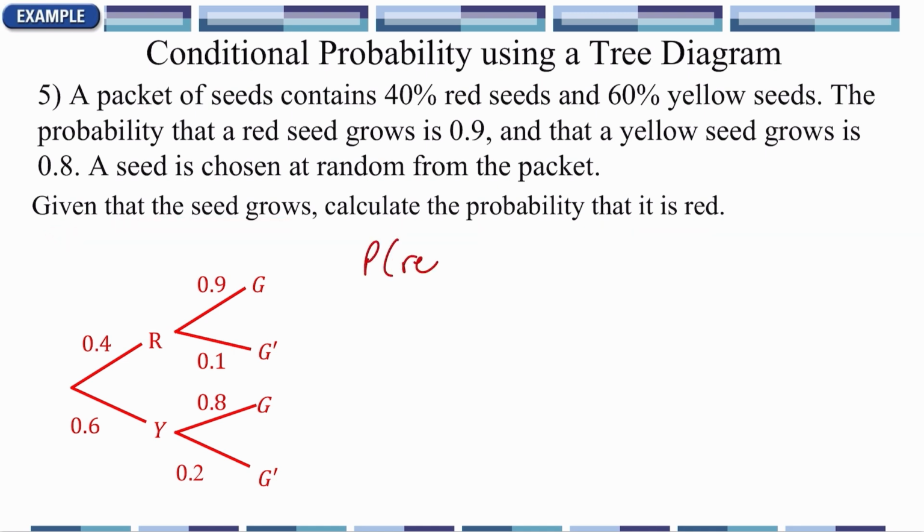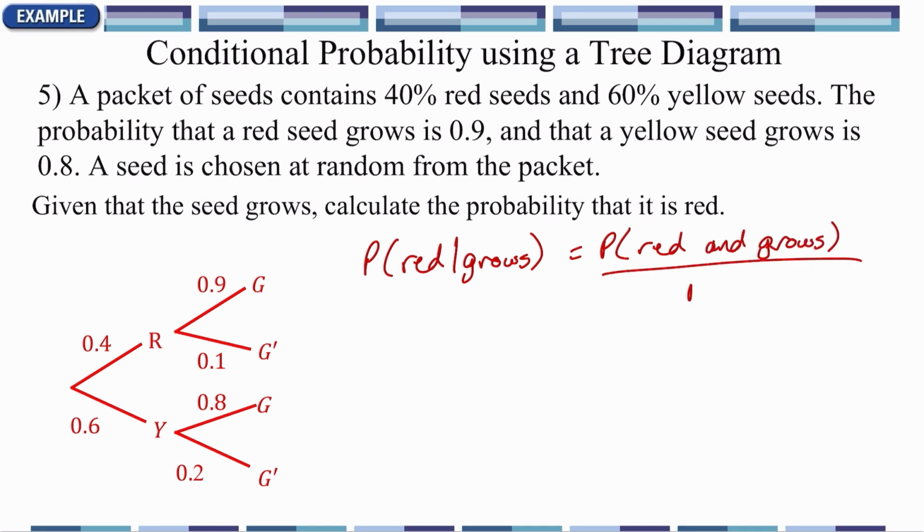The probability of red, given that it grows, so that always follows that little vertical bar there, that's going to be the probability that it's red and grows, so the intersection, red and grows, divided by the probability that it grows. Well, if you look back at the other time that we did this example, it would be example number 2, the numerator is actually the answer to part A, and then the denominator is the answer to part B.